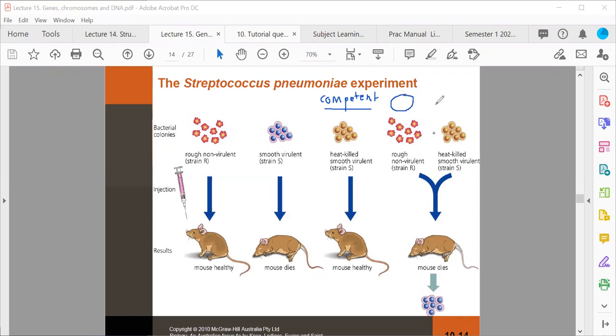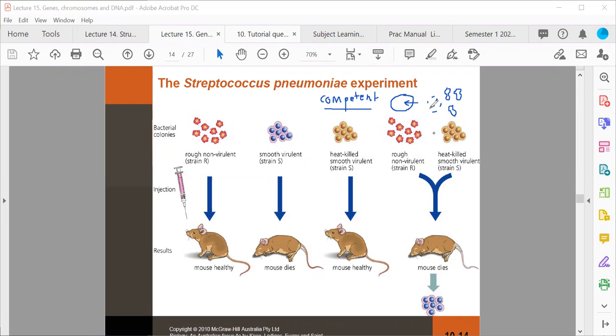They are transformed. So when these cells were actually killed, you'll have broken bits of cells, cells broken open, and then you'll have little bits of DNA that have actually come out of the cell. And those little bits of DNA can be taken up by live bacteria, certain species of live bacteria.